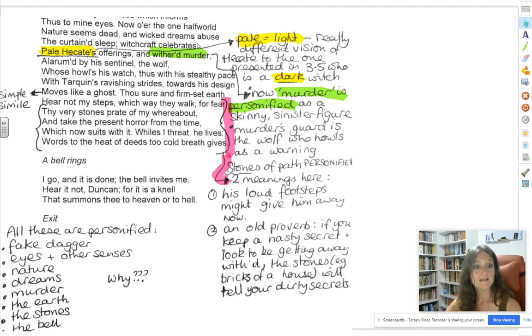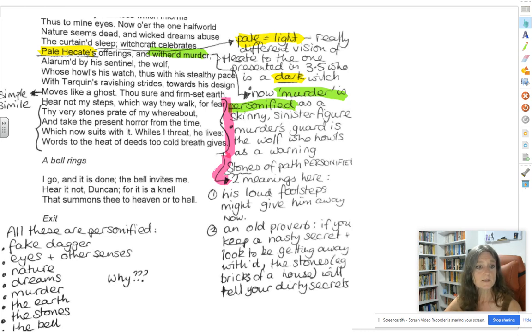So it's this list of all the evil that happens during darkness. You can see that murder is being personified, so loads and loads of things being personified, as I said, in this soliloquy. And withered, we've heard the witches described as so withered and wild in their attire. Withered means kind of scrawny and skinny. So murder is being personified as a skinny, sinister figure.